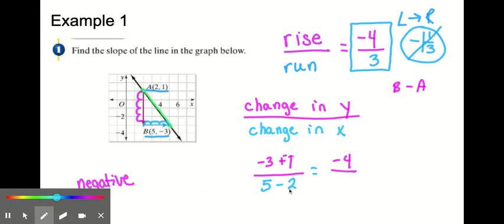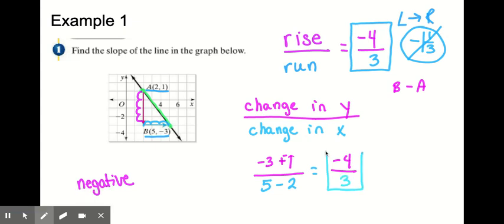And 5 minus 2 equals 3. And I get the same answer as I got by counting. So you can count, or you can use the formula, or you can do both to check your work.